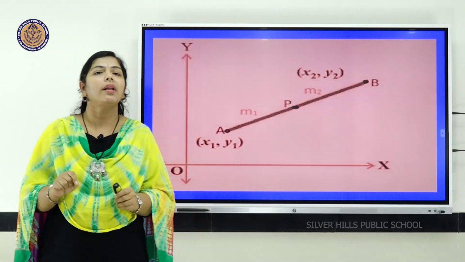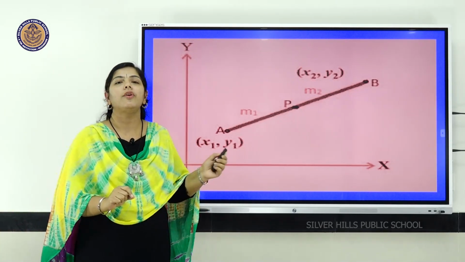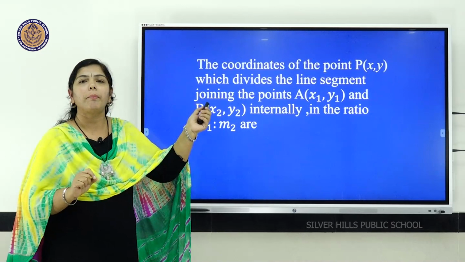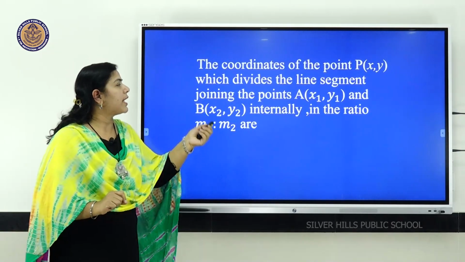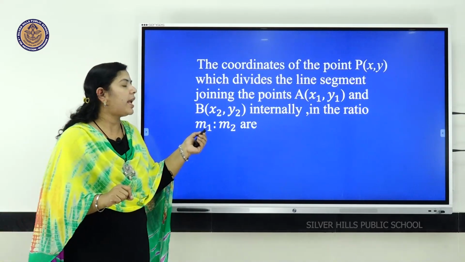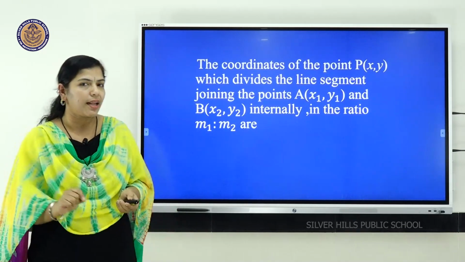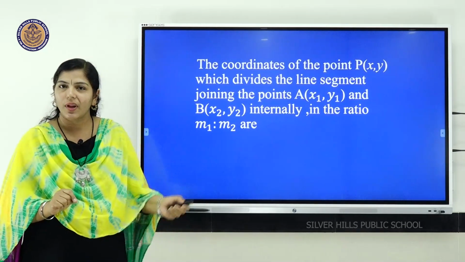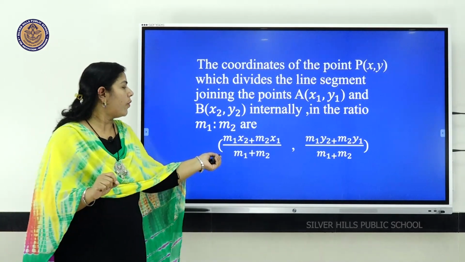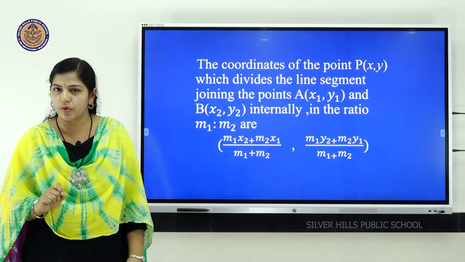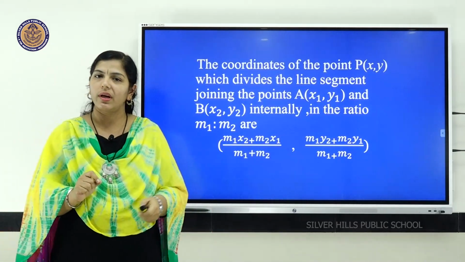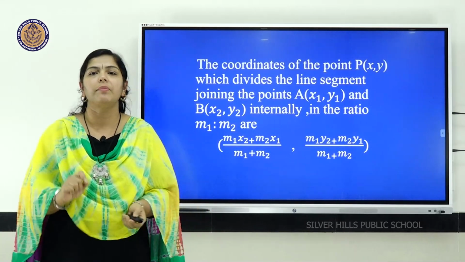To find the coordinates of the point of division, we use the section formula, that is the coordinates of the point P (x, y) which divides the line segment joining the points A (x1, y1) and B (x2, y2) internally in the ratio m1 is to m2 are (m1 x2 plus m2 x1) whole divided by (m1 plus m2), and y coordinate (m1 y2 plus m2 y1) whole divided by (m1 plus m2).